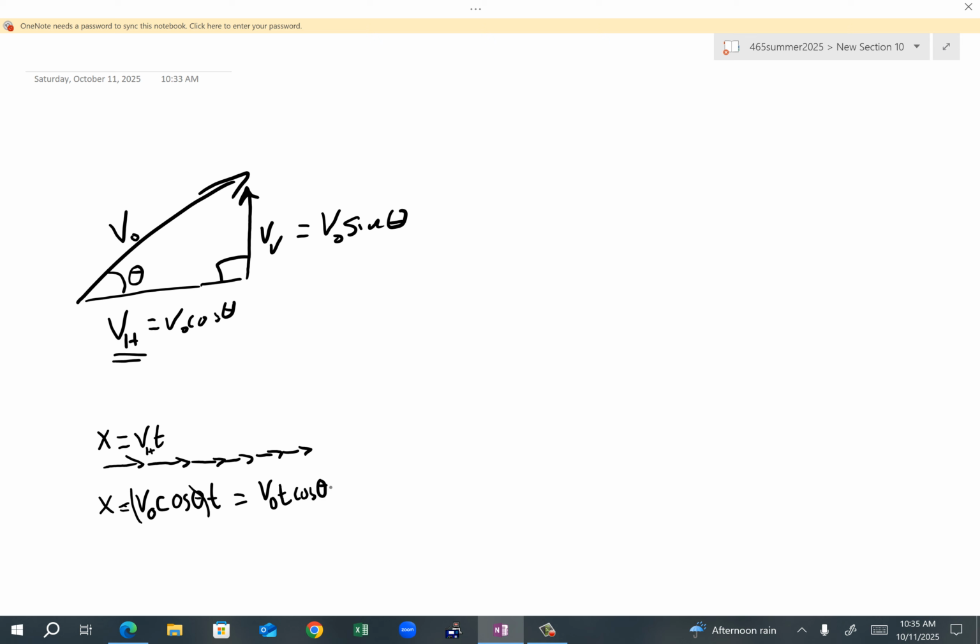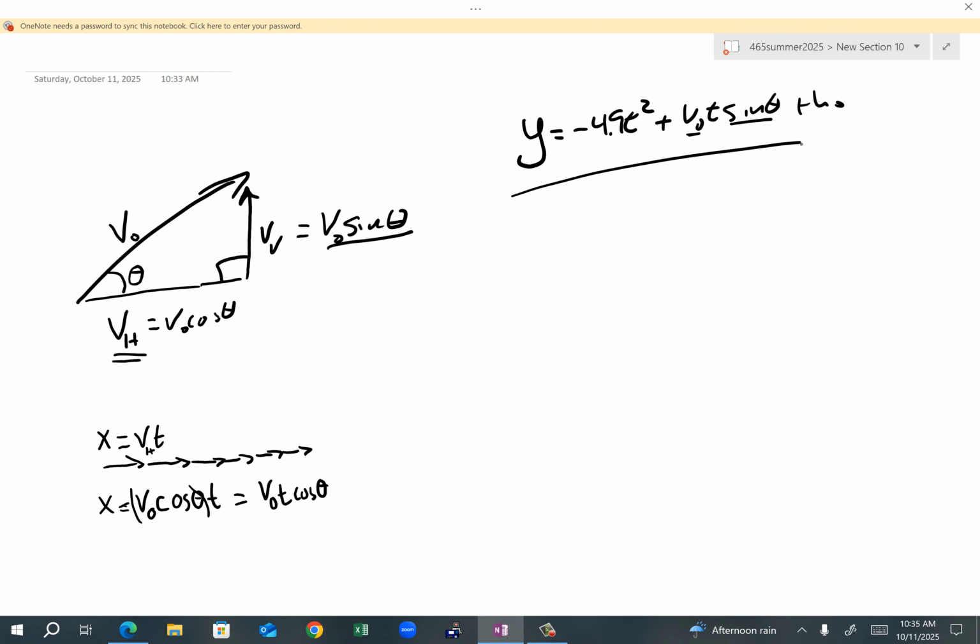Now, in the y direction, y equals negative 4.9 t squared plus v sub o t sine theta, because this is your vertical velocity, plus any initial height. So you will cease being a projectile when this hits 0.